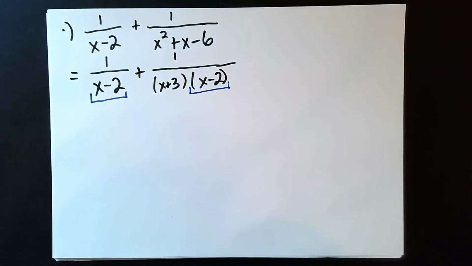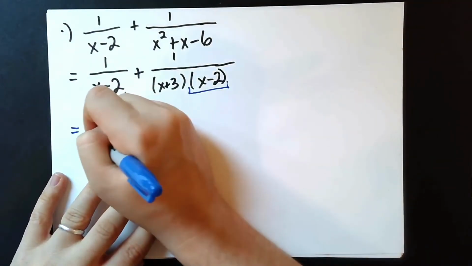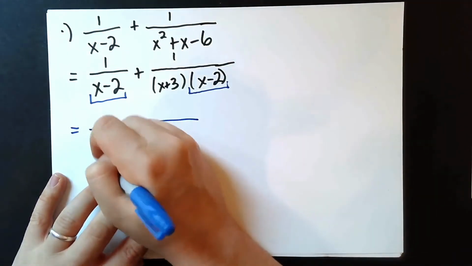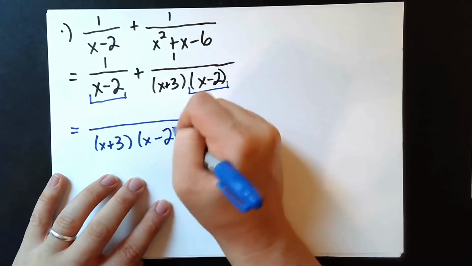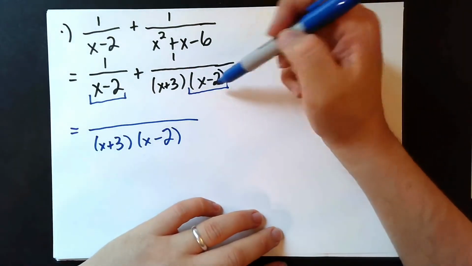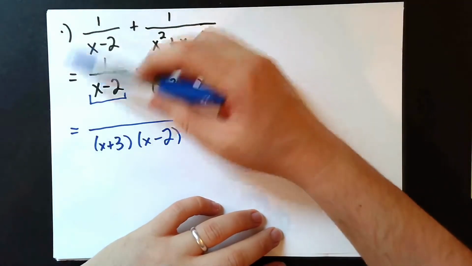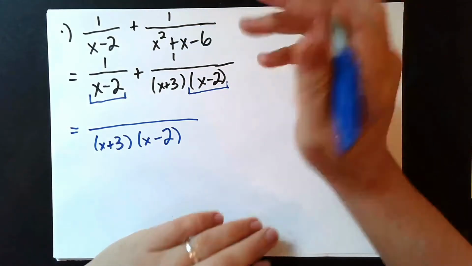So I can take as my common denominator here just x plus 3 times x minus 2. Namely, I don't have to make this even more complicated by throwing in an extra x minus 2 and multiplying these together and getting some sort of cubic.